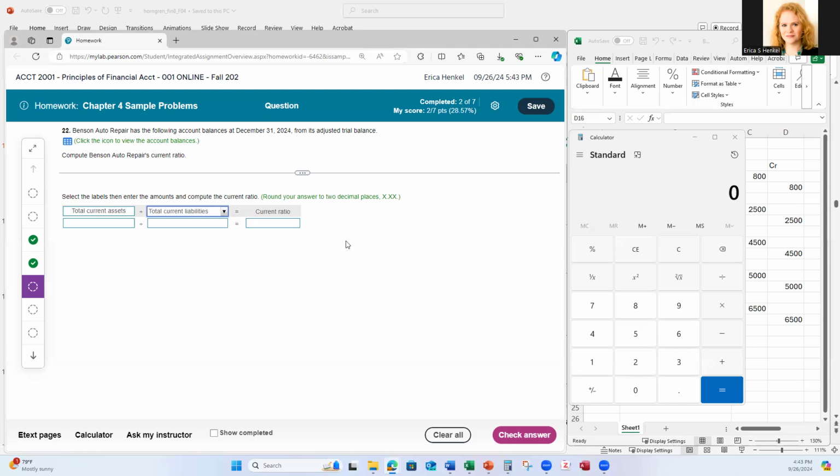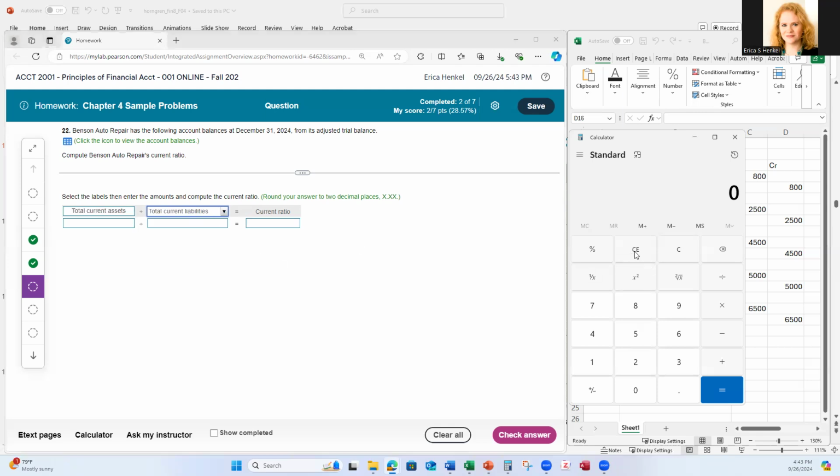What this measures is the ratio between the assets we have available to pay our liabilities and the actual short-term liabilities that are going to require the use of those assets. You typically want a higher ratio. You want to have more assets in relation to your liabilities. So really anything over 1 is okay because that means you have more assets than liabilities.